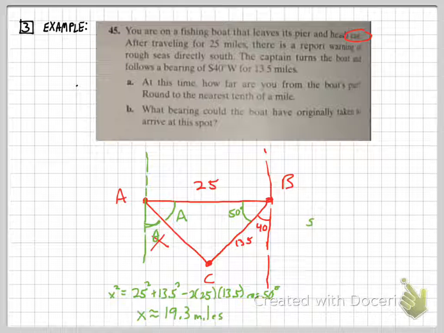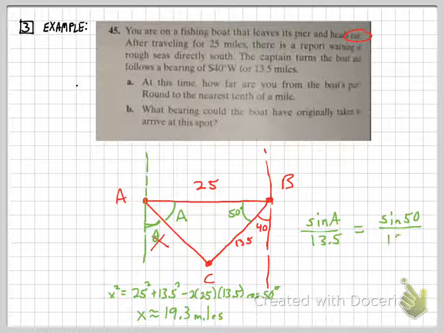The good news is I have a law of sines problem. So sine of A over 13.5 equals sine of 50 over the side across from it, which is the answer to the previous part. And the math we can do on our calculator, I'll skip straight to the answer, which is about 58 degrees.